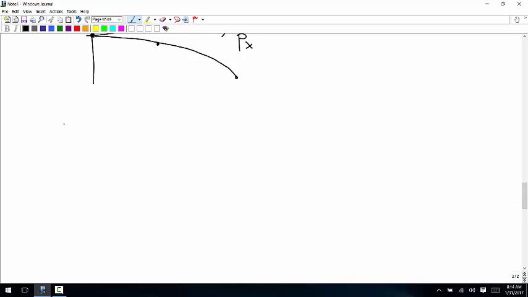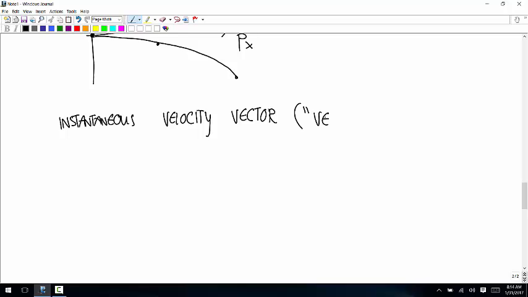Okay, so the next thing we have to talk about is the instantaneous velocity vector, or what we're just going to call the velocity vector.